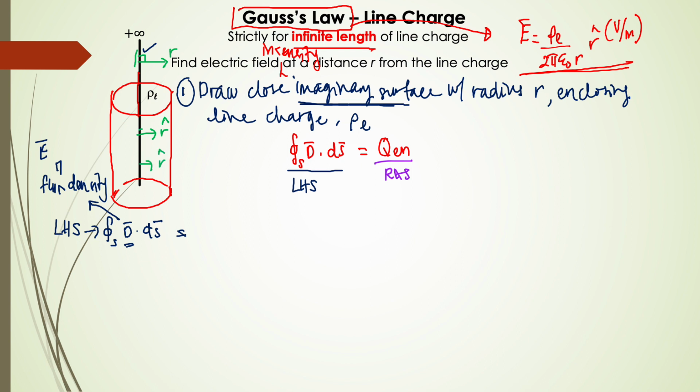Or let's say that you don't know how to decide. The electric field intensity, or the flux density, is always 90 degrees to the electric source.